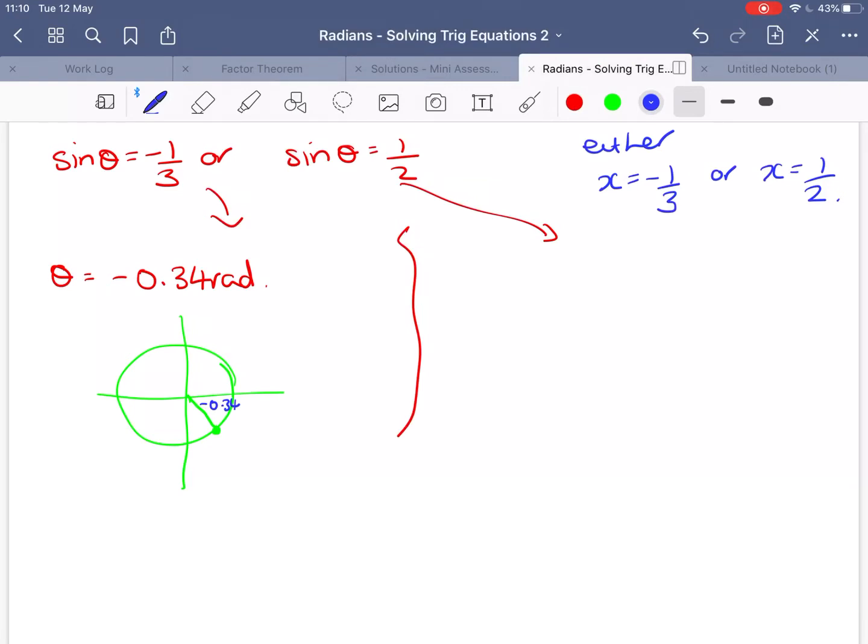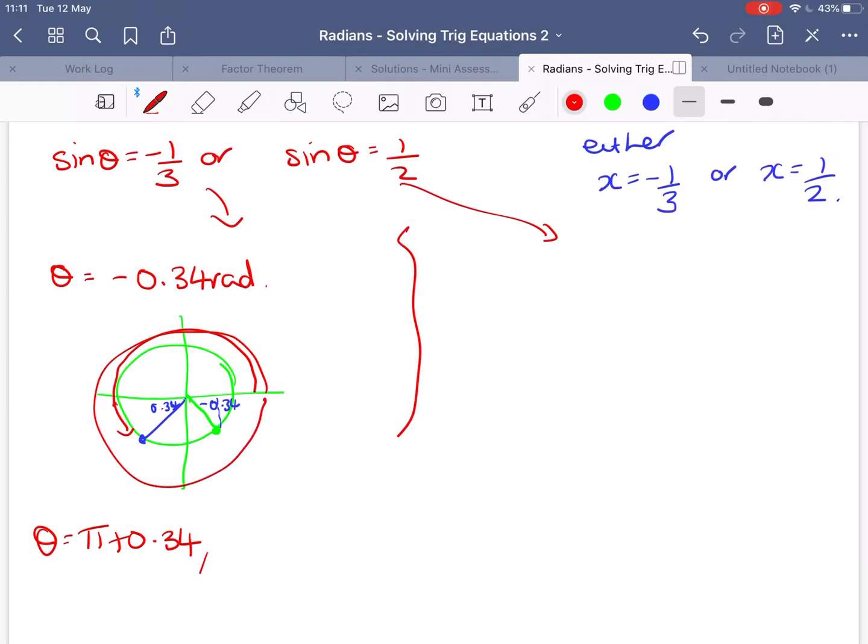Where else is the sine the same? Well, if we remember, the sine is the height of this triangle, so it's also the same over here where that's a size of 0.34. So going round my circle, I need to go pi plus 0.34, and I also need to go 2 pi minus 0.34.